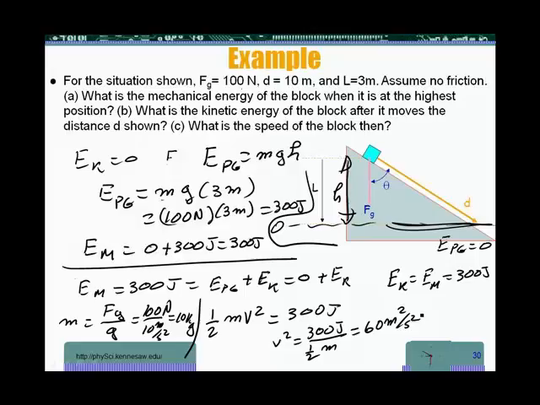That would give us 7.75 meters per second. I need to write it separately since this is v squared. So v is 7.75 meters per second. And that's my answer.